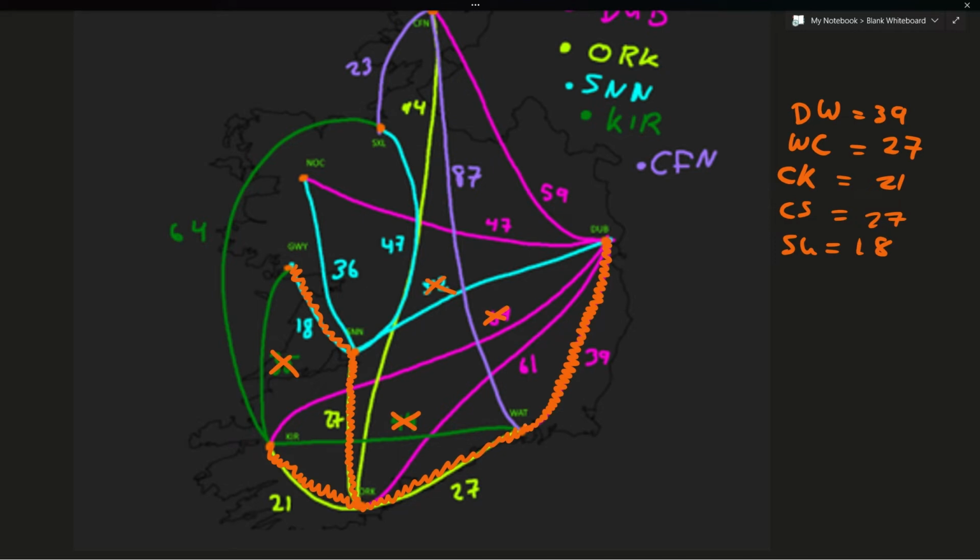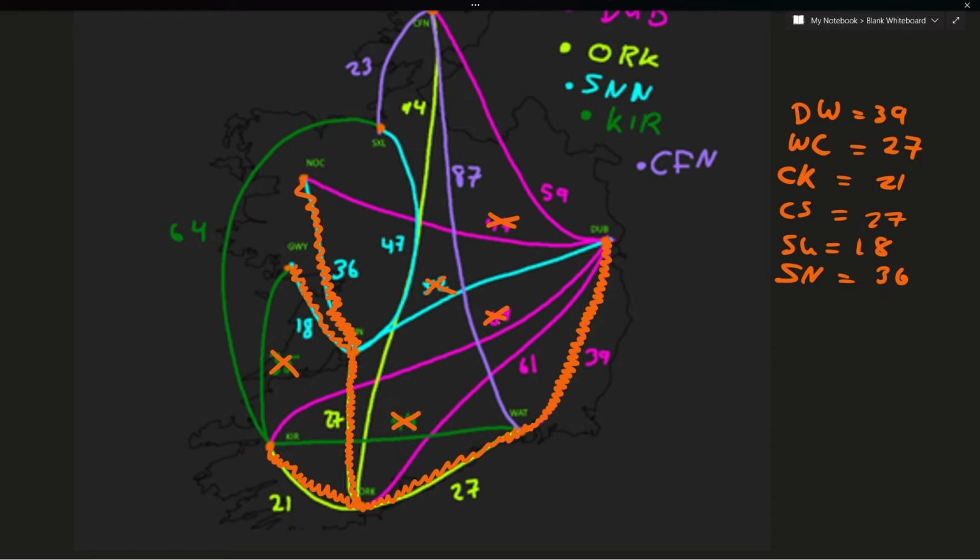Now, if you take a look at the ones out of every single one, we have 36 to Knock. I think it's the next shortest. Okay, 36 from Shannon to Knock. We'll do N. So Shannon to Knock is 36. Now we have one from Knock to Dublin, so we'll get rid of that.